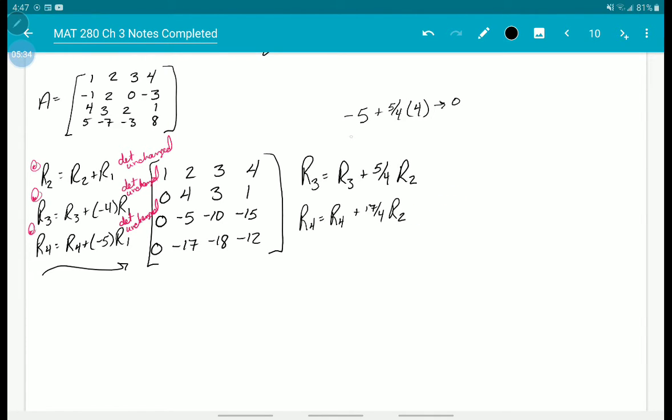So if we look at what that's going to look like, we're going to have negative 17 plus 17 over 4 times that 4 here. So negative 17 plus 17 will give us that 0 that we need. So be careful setting these up. And be careful when you type it in your calculator or you try to reduce it by hand. So rows 1 and 2 are going to stay the same.